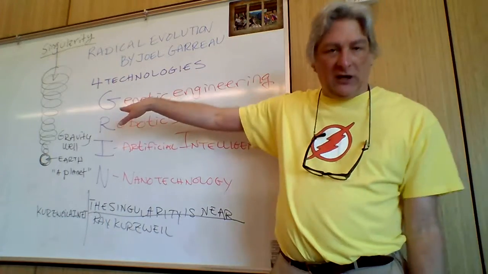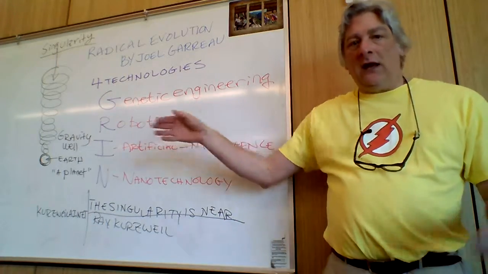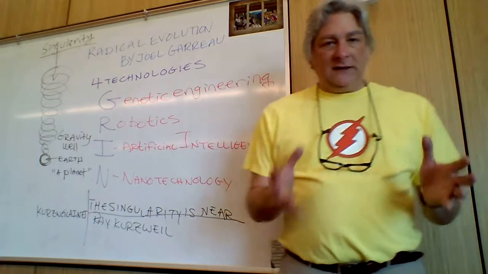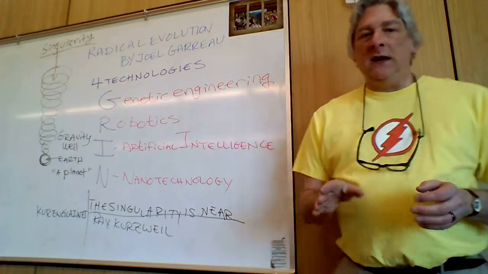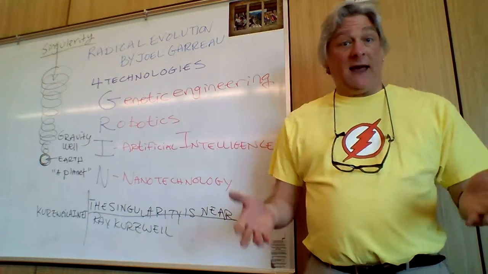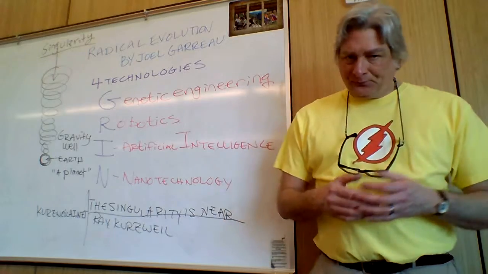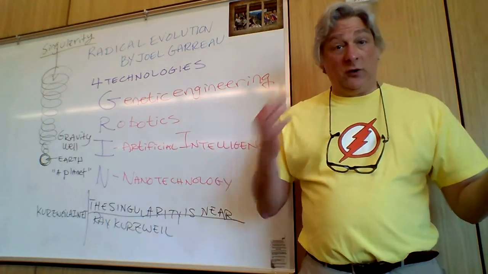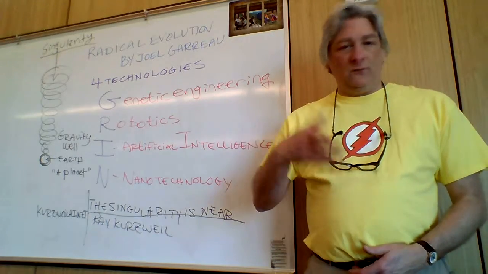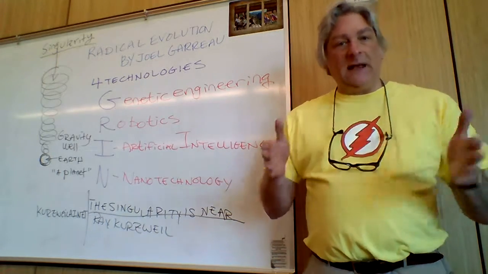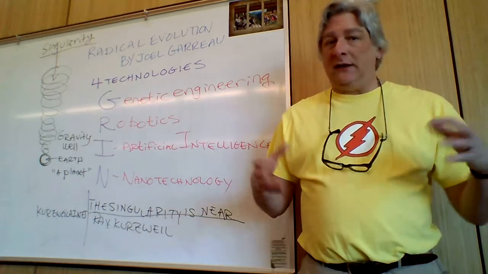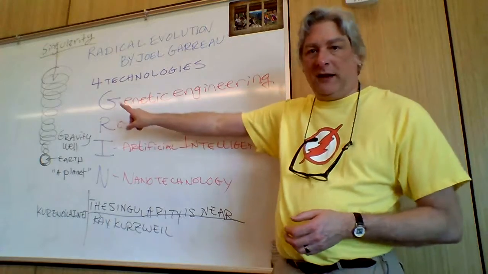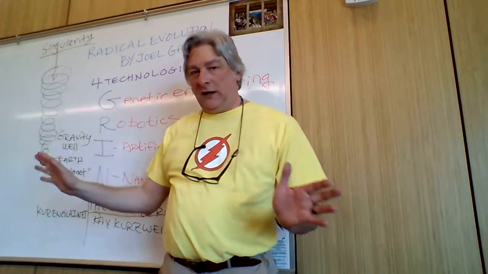So you have genetic engineering, robotics, artificial intelligence, and nanotechnology that make up the GRIN technologies, which, when Radical Evolution was written back in 2005, were up-and-coming technologies that were going to have a huge impact on our life and our world. Now here we are over 10 years later, and the technologies have made an impact, but not yet as big an impact as they're predicting.